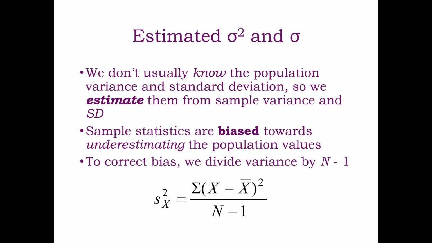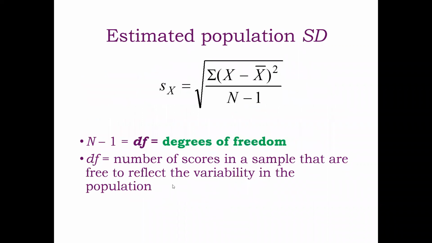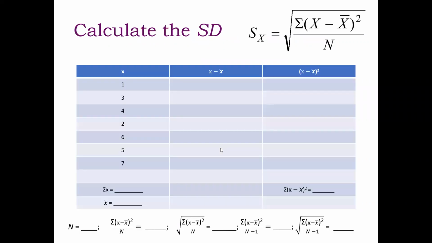So this is the estimated population variance, and this is the estimated population standard deviation. Again, we divide by n minus 1, which is called the degrees of freedom, rather than by n. All right, so we are going to run through an example of this.